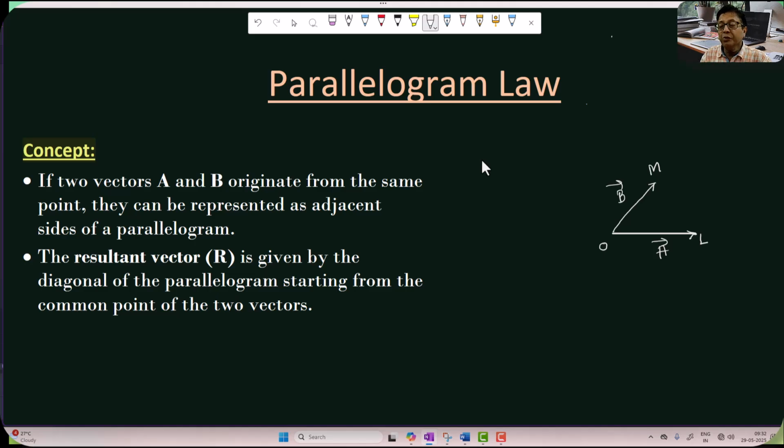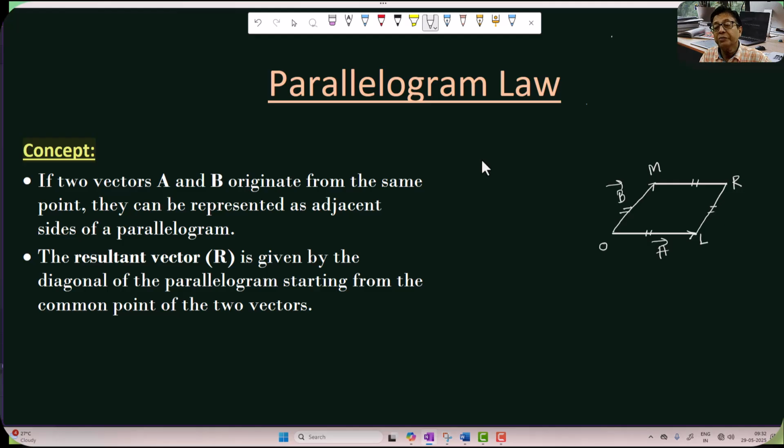Now what we will do, we will find the resultant by completing the parallelogram. The law states that if we complete the parallelogram, this parallelogram is OLRM now. These two opposite sides are equal and they have the same direction.